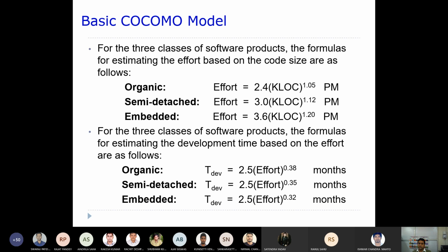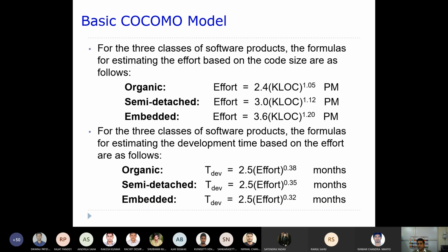If you draw this graph, if in the y-axis you plot effort, and in the x-axis you plot size, KLOC, what will happen? What type of curve are we going to see?